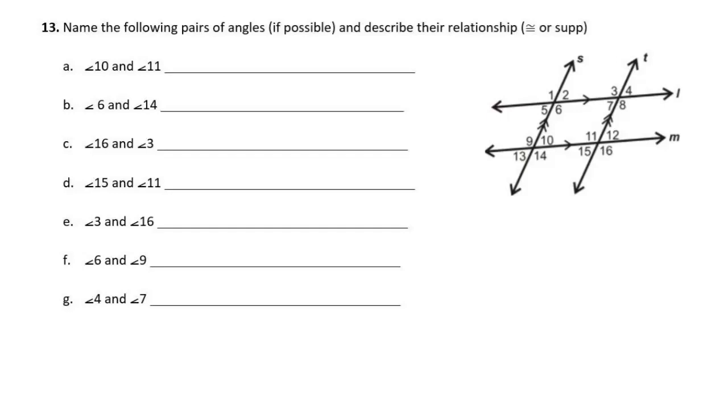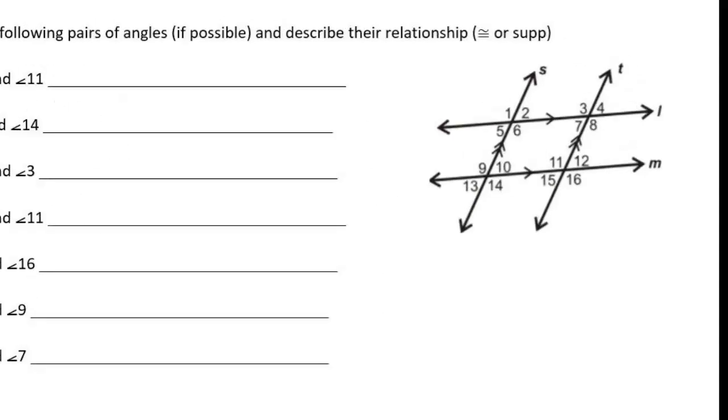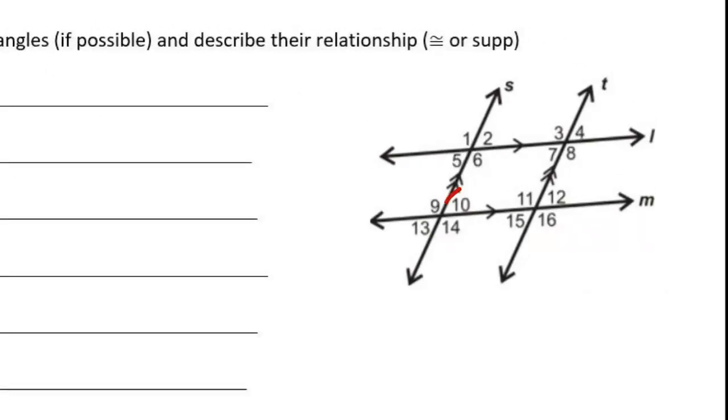Name the following pairs of angles, if possible, and describe their relationship, congruent or supplementary. So first one they give me is 10 and 11. What's the transversal that's connecting those? M. Are these on the same side or opposite sides of that transversal M?